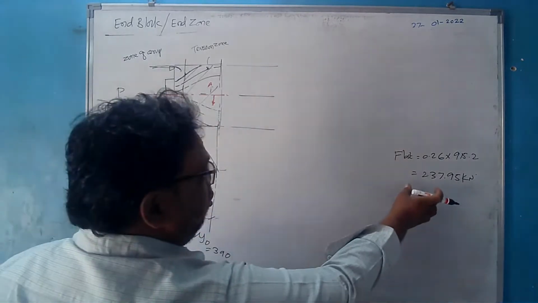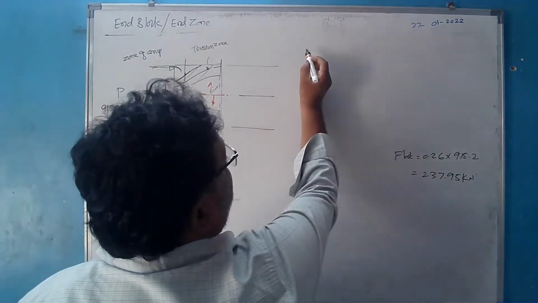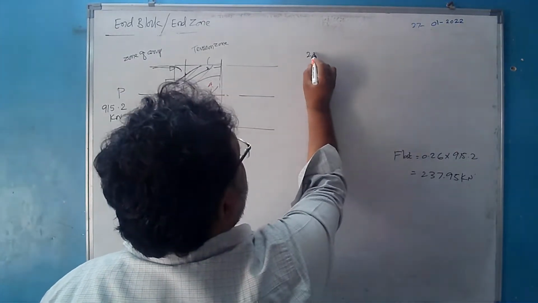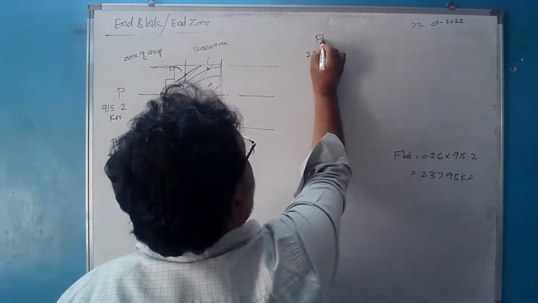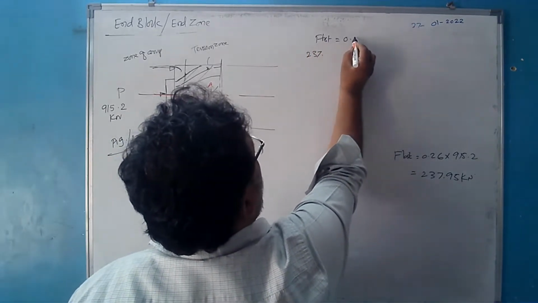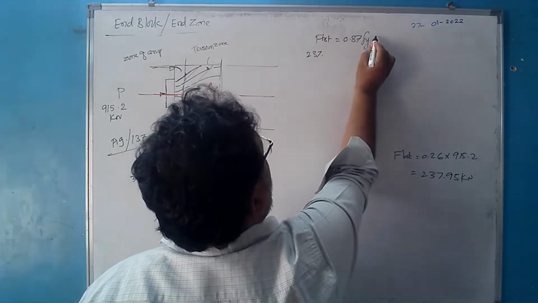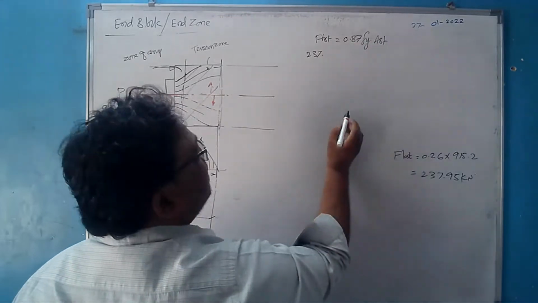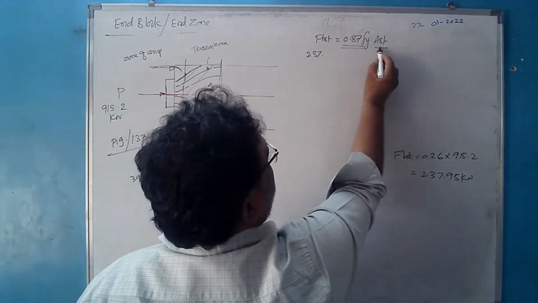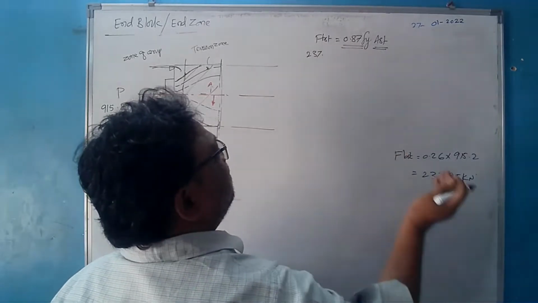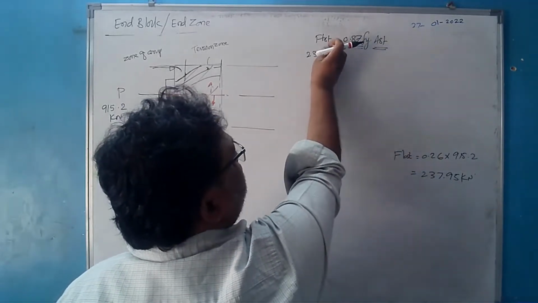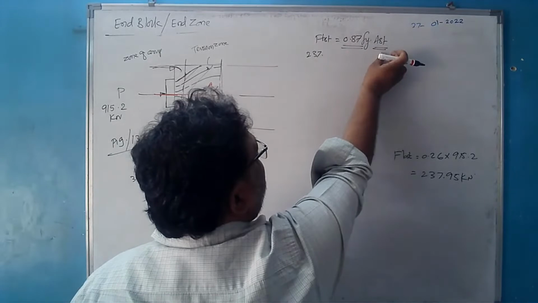Now this is the force. How to get the bursting steel area? 237, that is nothing but the F bursting must be equal to 0.87 Fy into AST. It is nothing but the permissible values of stresses multiplied by the area of steel. Because the force is equal to stress multiplied by area.